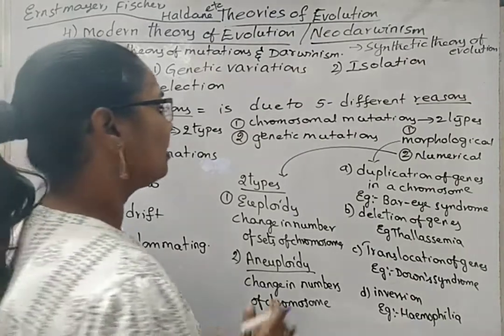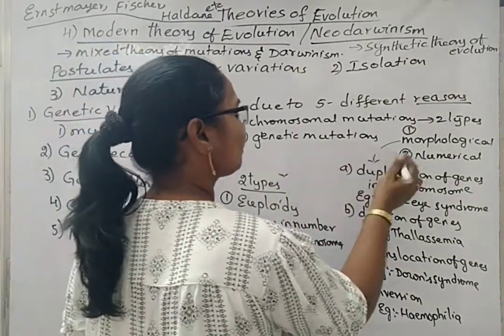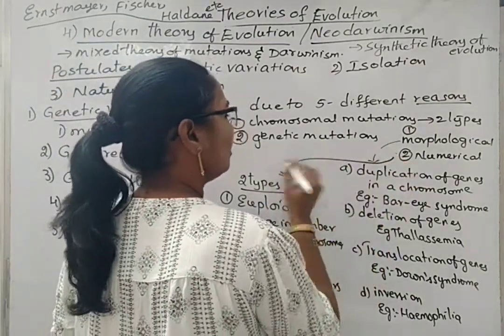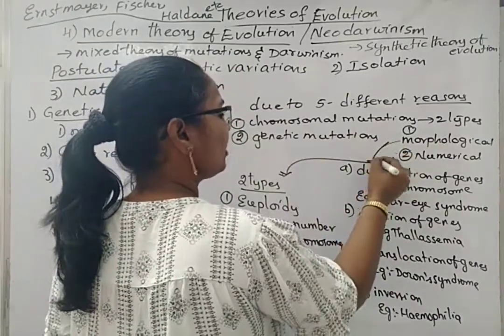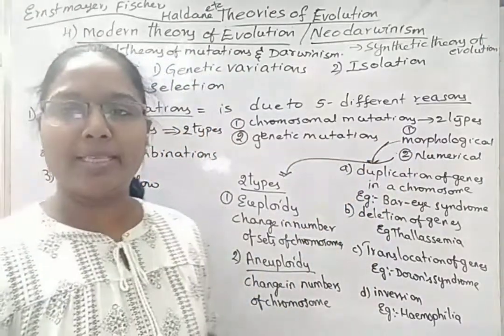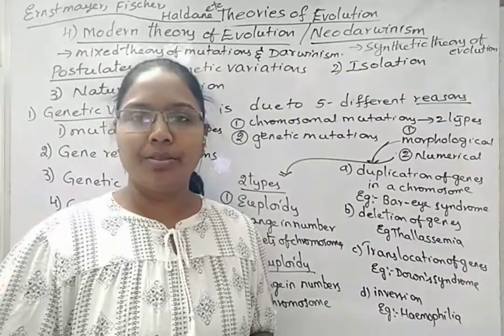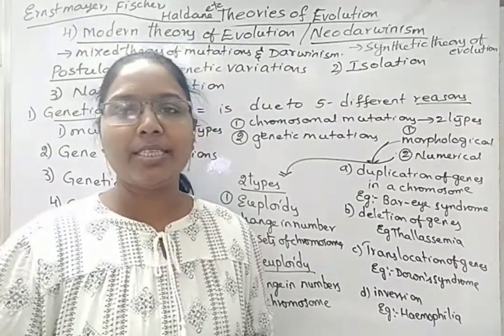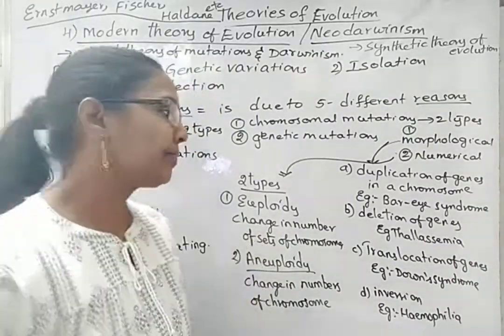Then what about genetic mutations? Genetic mutations show changes in nitrogen bases. There are two types, that is point mutations and frame shift mutations.